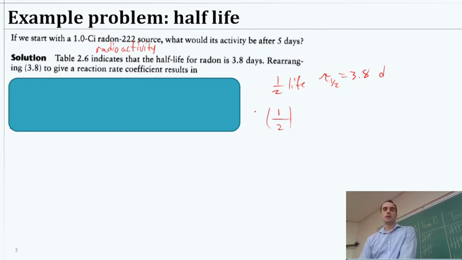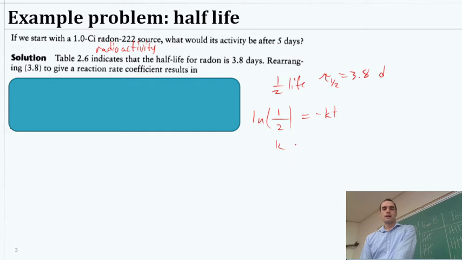That's our N over N naught, or our C over C naught. Let's take the natural log of that, equal to minus k times t. We know the t, so we can solve for the k. So we need to find this k and then apply it to the 5 days, right? So we know it'll take 3.8 days before that activity is halved. So how much activity will we have at 5 days is the question.